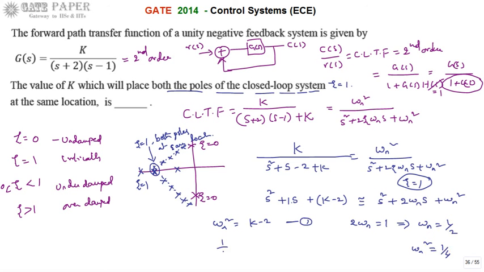So 1 by 4 is equal to K - 2, and the K value is 2 + 1 by 4, which is nothing but 9 by 4, that is 2.25. So the K value is 2.25. When K is equal to 2.25, this closed loop transfer function will have both the poles at the same location. So the right answer is 2.25.